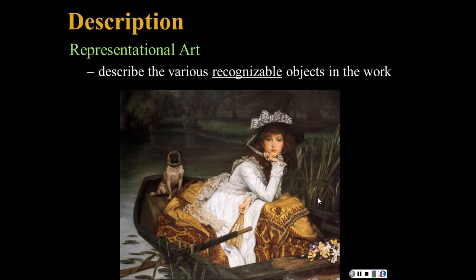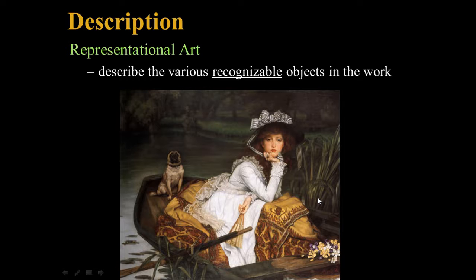So in this image: a dog, a person, a lake, boat, an oar, grass, trees. That means that it's representational of the natural world. We can identify things within it. In this first step, description, you are simply listing what you see. You're not interpreting anything at this point. So you would be doing the exact same thing I just did.